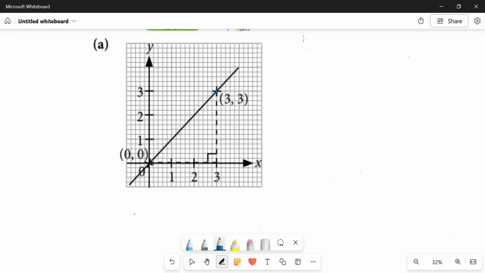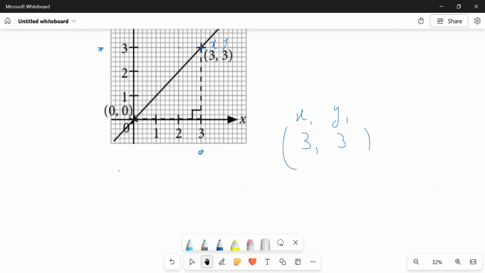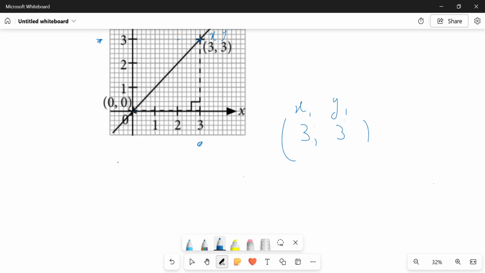So what are the coordinates of this point? In the x-axis this is x, and here it's y. So x here is 3 and y is also 3. So you can say that this 3 comma 3 is x1 and y1, right? And here it's 0 comma 0.